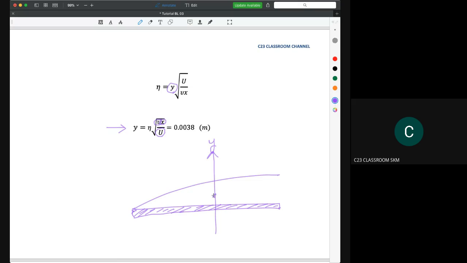Because we take x equal to 2, so it's here. This is x equal to 2, and this is the y-axis. So maybe the value is here, 0.0038. Please ignore about this. I hope you could imagine the meaning of x, the meaning of y, and the meaning of the location that we calculated here.